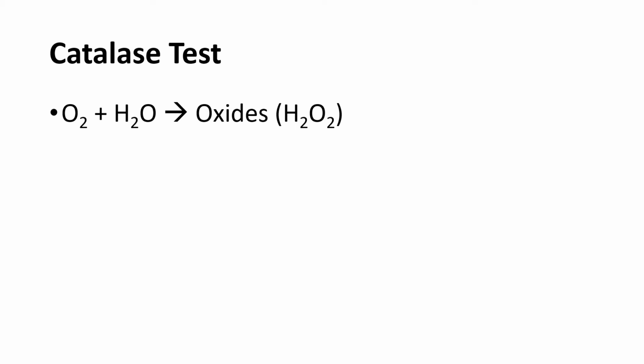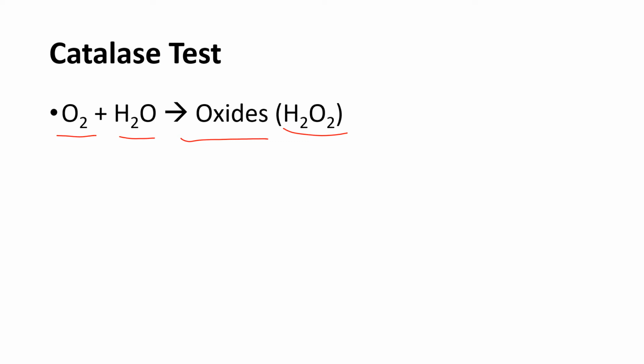Catalase test would have been the first test in this lab. If you remember when I talked about oxygen requirements, I told you that when you mix gaseous oxygen with water, that generates oxides. And oxides, such as hydrogen peroxide, are dangerous to cells because they can oxidize DNA and proteins.